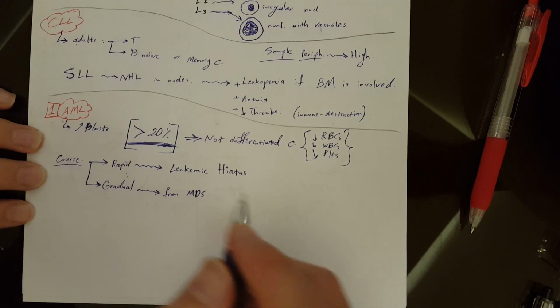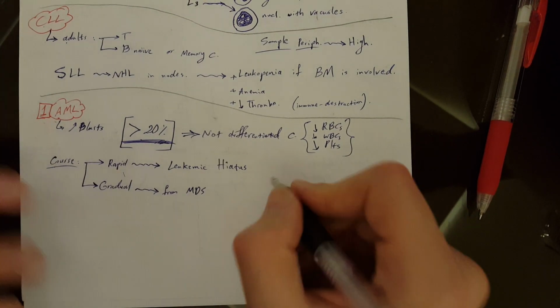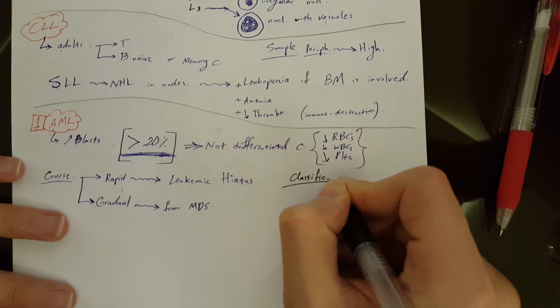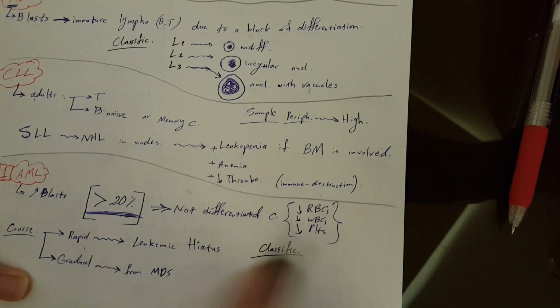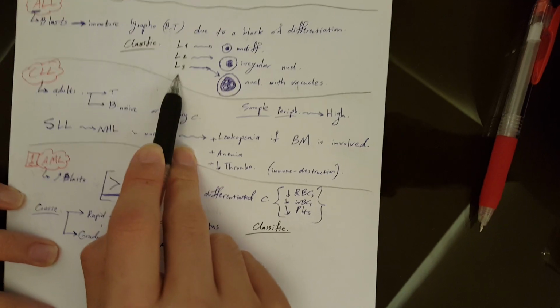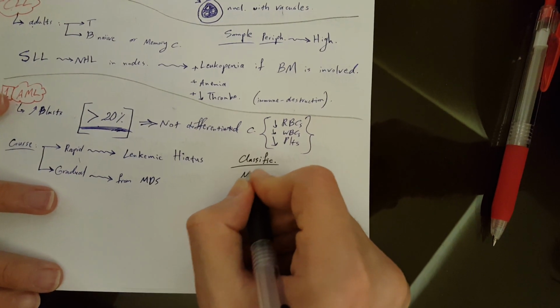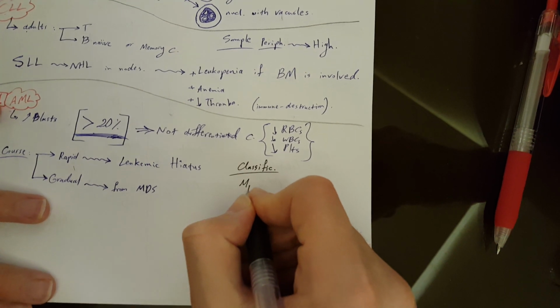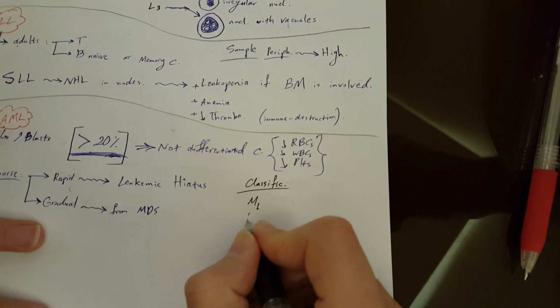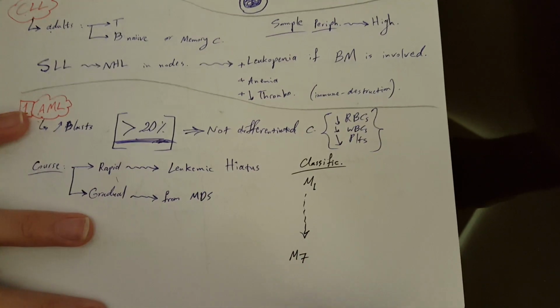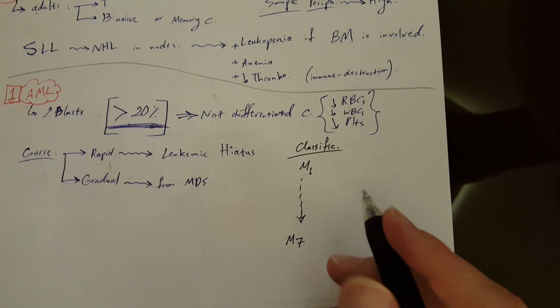Let me tell you a bit about the classification of AML. We mentioned in ALL we have L1 to L3. Now in AML, you'll have M1 all the way to M7, depending on the extent of differentiation of the cells.